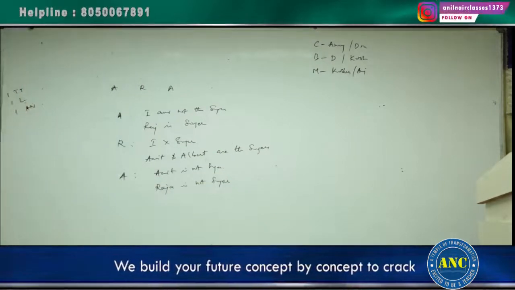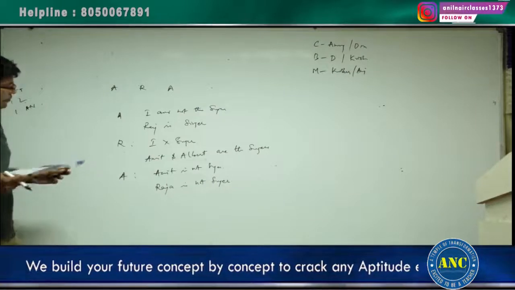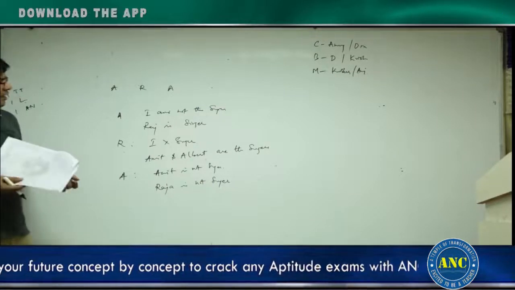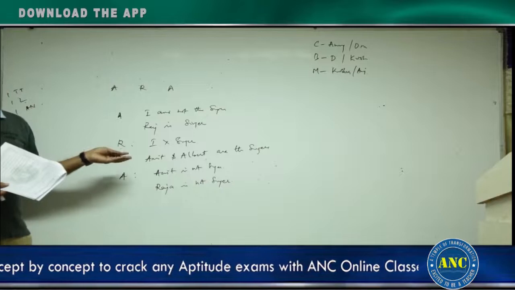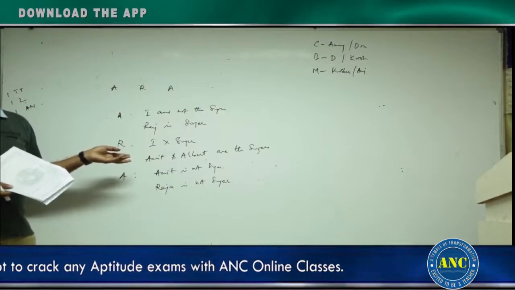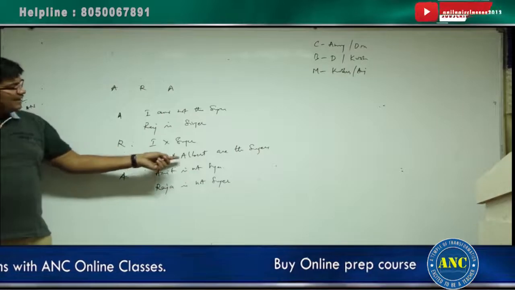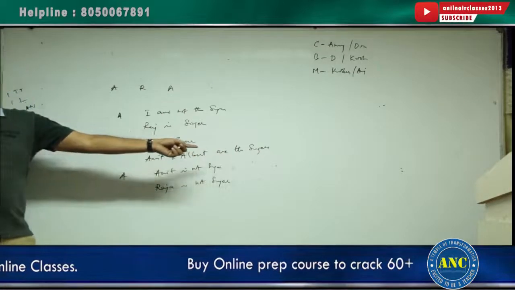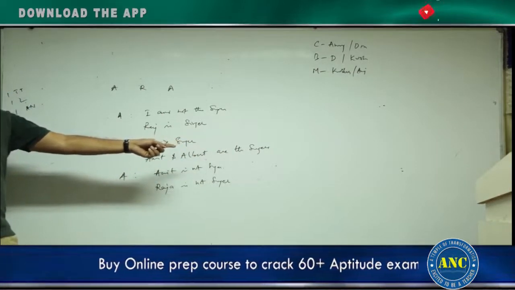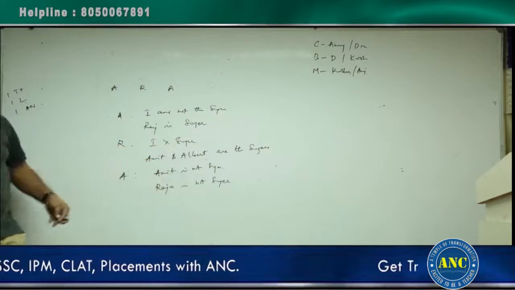Now, there are a few things that are obvious, false statements. For example, Amit and Albert are the singers. Is it a true statement? It's definitely a false statement. Why?